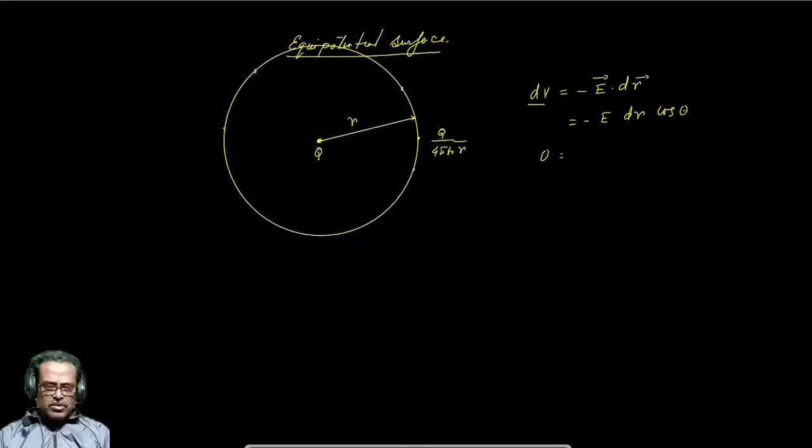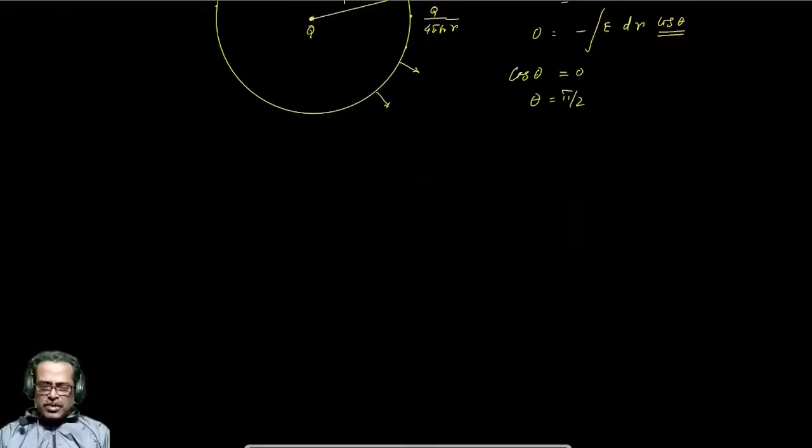So 0 is equal to minus E dr cos theta on the surface. It is clear from the expression that this 0 comes from cos theta. Cos theta is equal to 0, which implies theta is equal to pi by 2. So the electric field is normal to the equipotential surface, and this is the radially outward direction of the electric field.